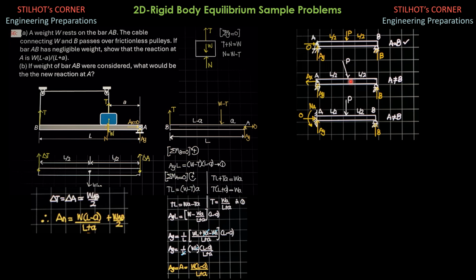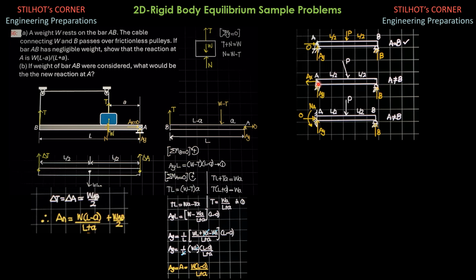Now, for this second situation, same beam, pin at A, roller at B. This time, because the load, although acting at the center, has a horizontal component, this support at A will resist that horizontal component of force. So AX will now have a value, and AY, of course, has a value, and B is still upward with a value.